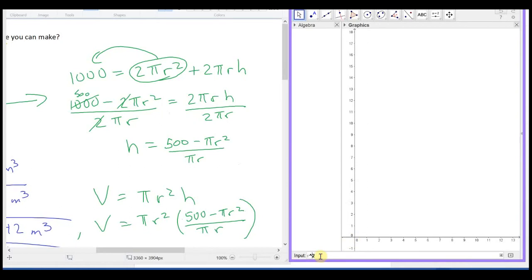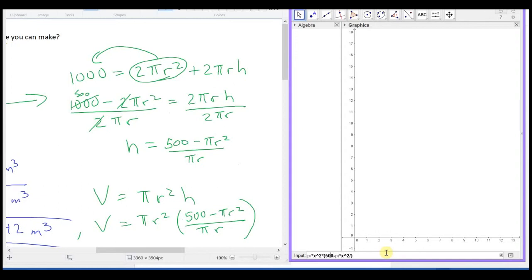There we go. My keyboard was in French. It did not like it. Pi times r squared. Oh wait, I said we're not using r, we're using x. Pi x squared times 500 minus pi times x to the power of 2, divided by... now notice if I do the divided by like this, I'm dividing only this last term.